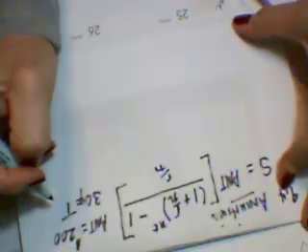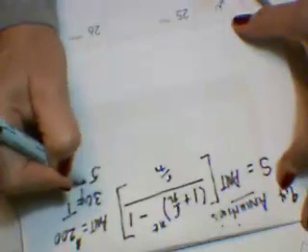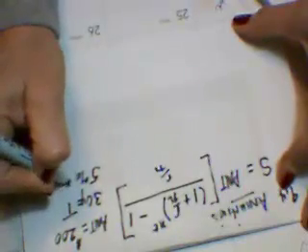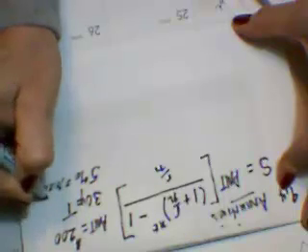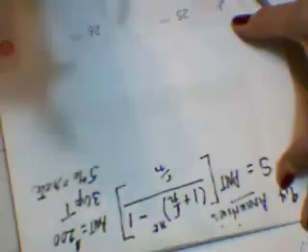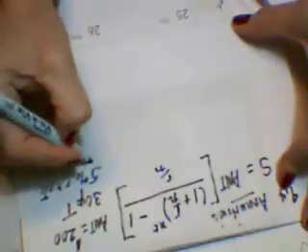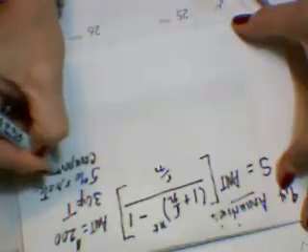We are going to receive a 5% interest rate since we've decided that we will leave it in for that period of time. And that's going to be compounded monthly.